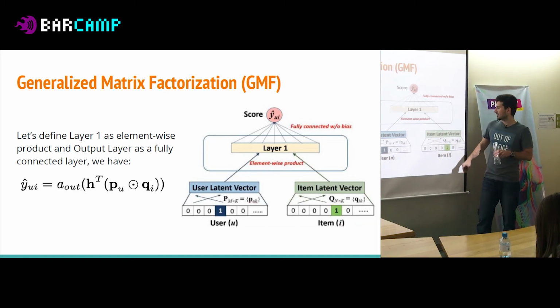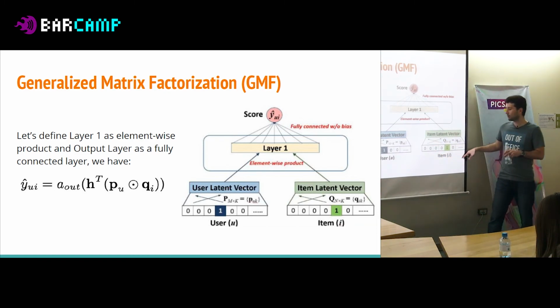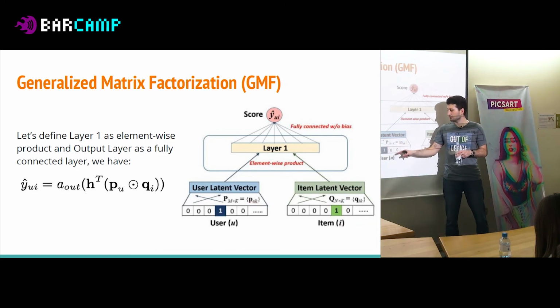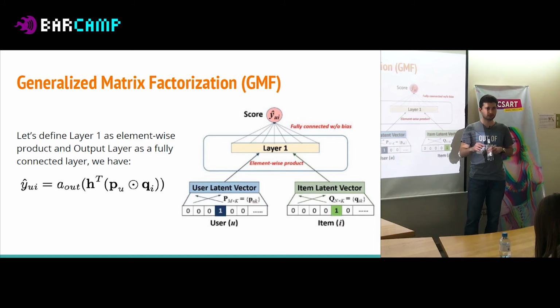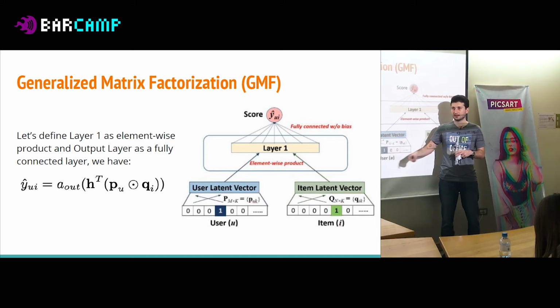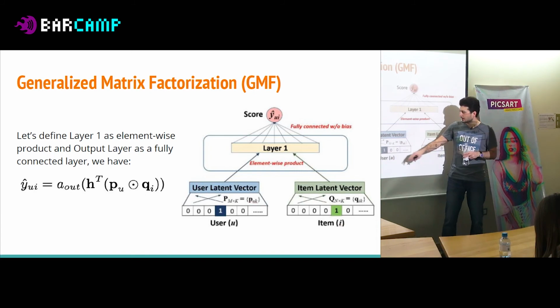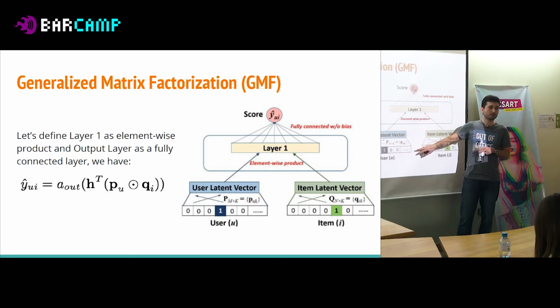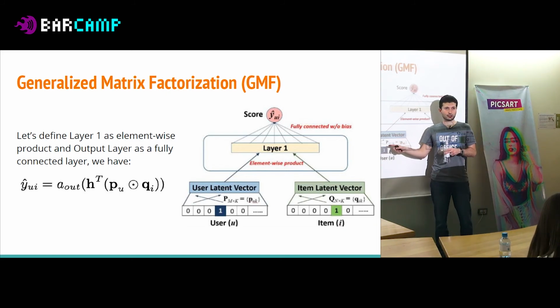How can we do that? As the input we give one-hot encoded items and users. One-hot encoding means that for every user, if we have m users, we sort them, and if this user is at position k out of m, we represent this user as a vector of zeros with a 1 at position k.